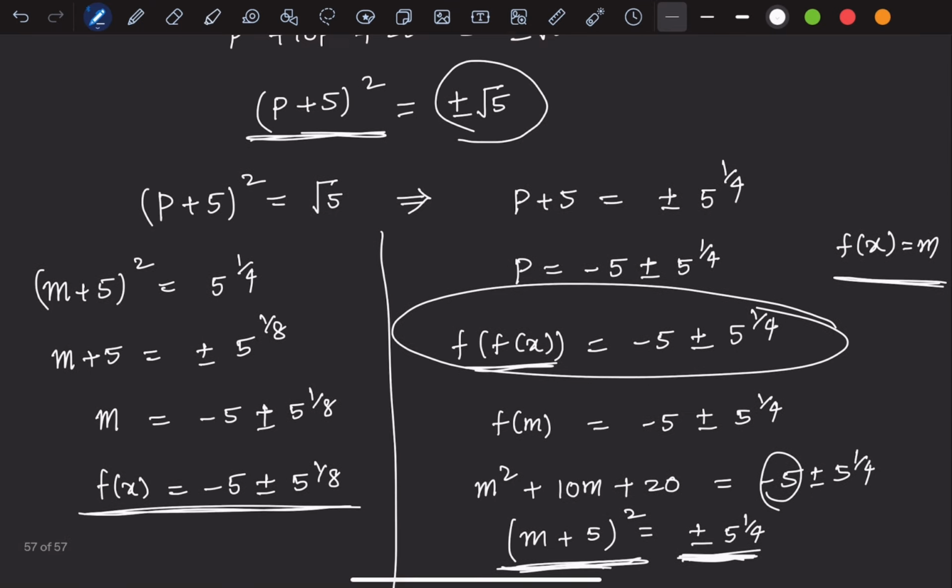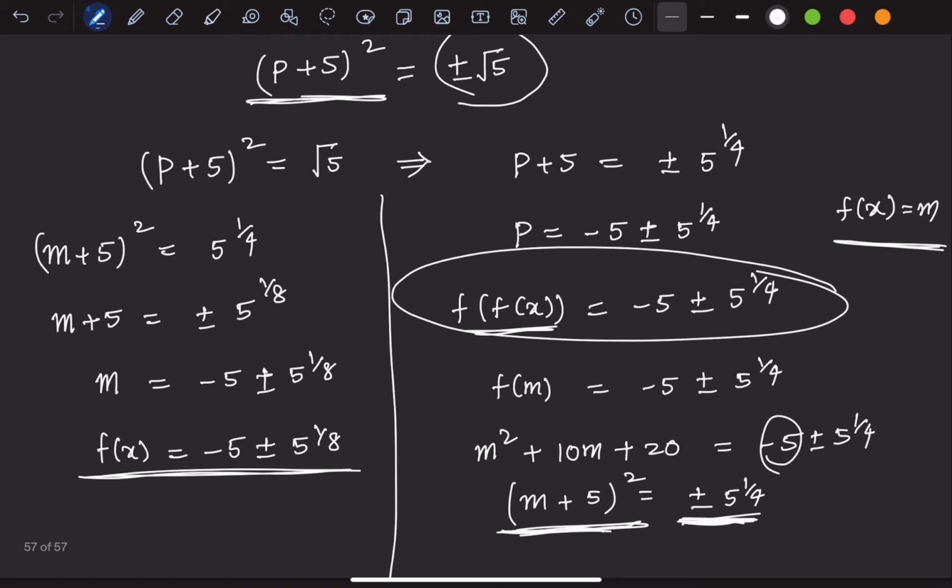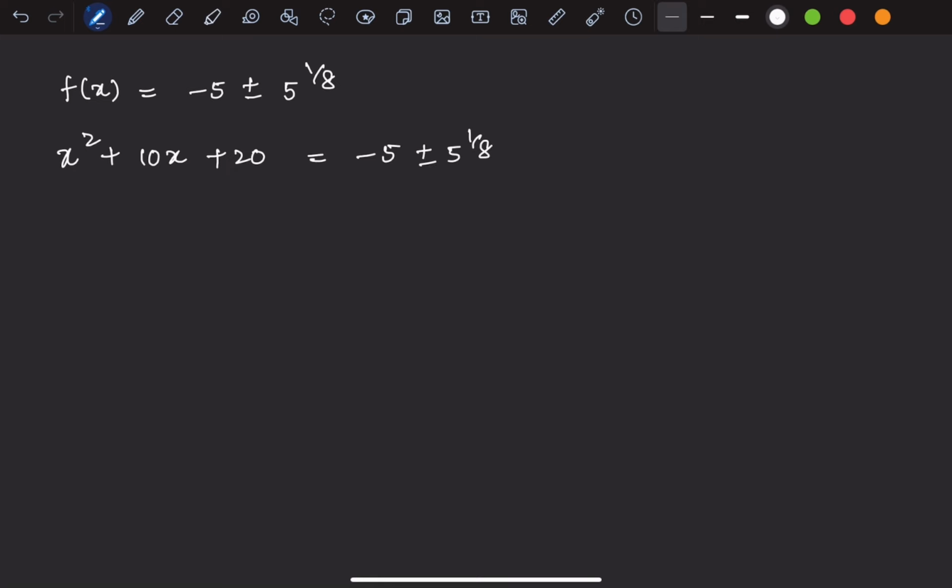So your f of x is minus 5 plus or minus 5 to the power 1 upon 8. But we know f of x is x square plus 10x plus 20. Again, going with the same logic, you can write this as x plus 5 whole square is equal to plus or minus 5 to the power 1 by 8.